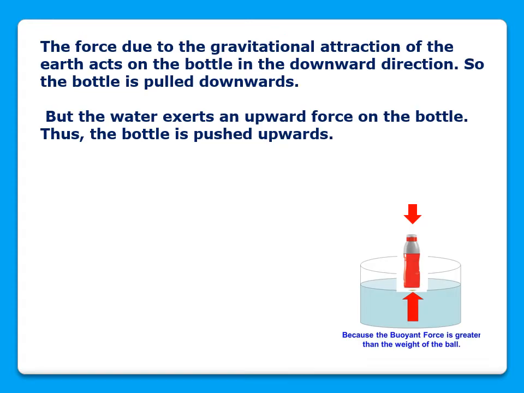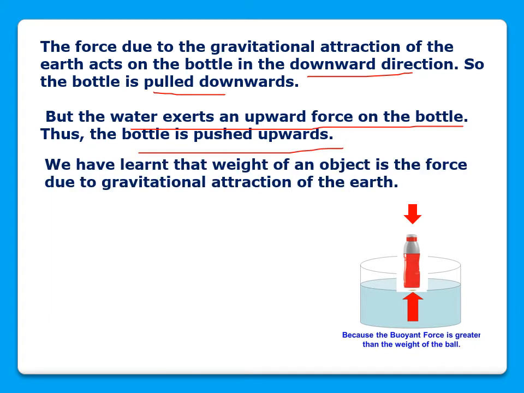So the force due to the gravitational attraction of the earth acts on the bottle in the downward direction. That is why the bottle is pulled downwards, but the water exerts an upward force on the bottle and the bottle is pushed upward. We know that the weight of the object is the force due to the gravitational attraction of the earth.